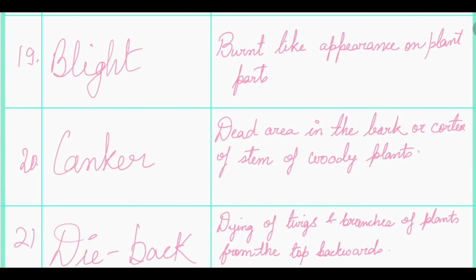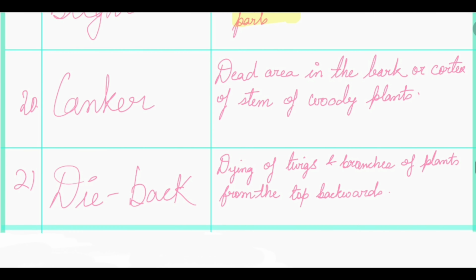Next, in blight, burnt-like appearances on plant parts occur, and in canker, dead areas in the bark. Remember, in necrosis also dead areas are there, but it happens in the leaves. But canker happens in the bark or the cortex of the stem of woody plants.